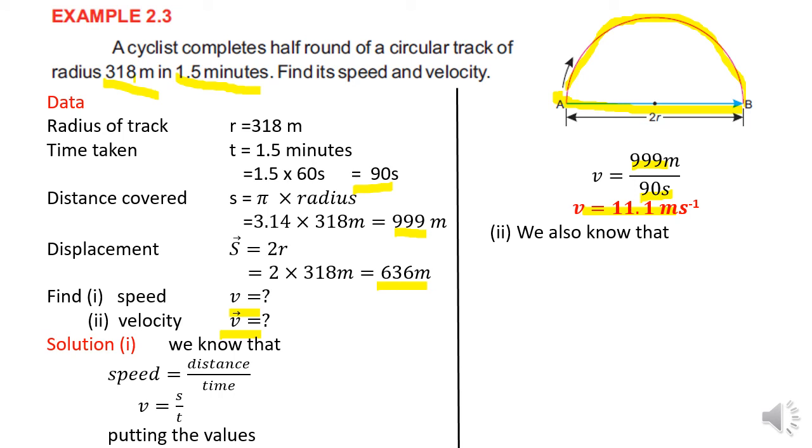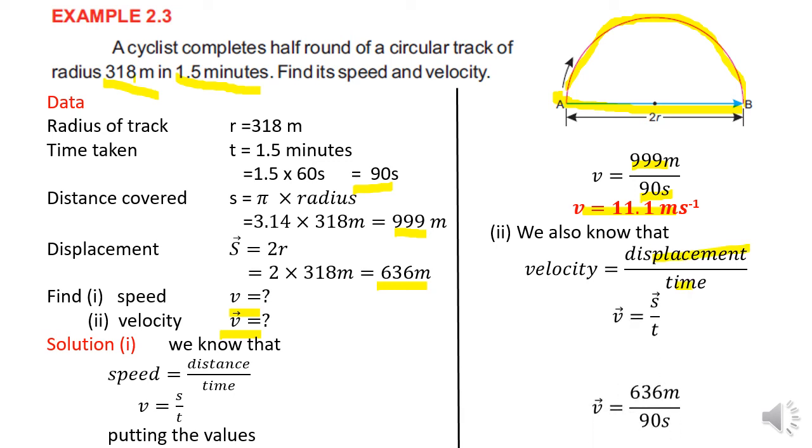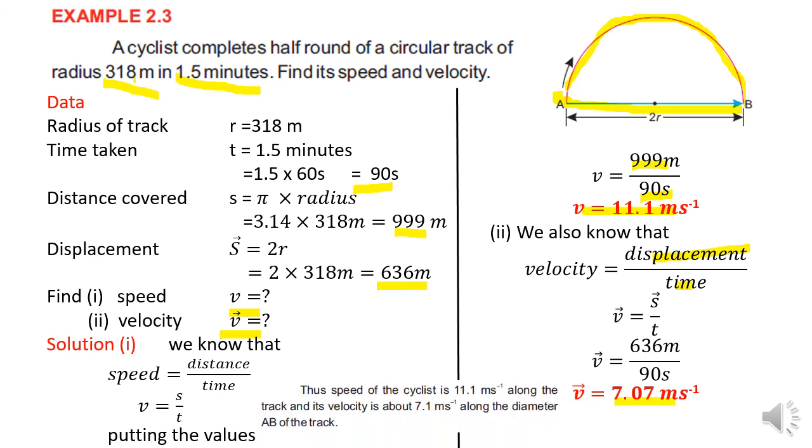Now to find the velocity, we also know that velocity is equal to displacement divided by time, which is s divided by t. By putting the values in the expression, which is 636 meter divided by 90 seconds, the velocity is 7.07 meter per second. Thus the speed of the cyclist is 11.1 meter per second, and the velocity is about 7.07 meter per second along the diameter AB of the track.